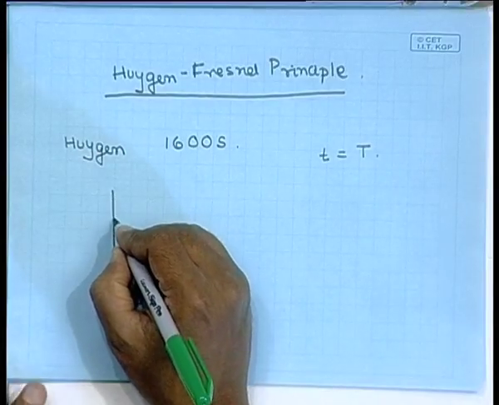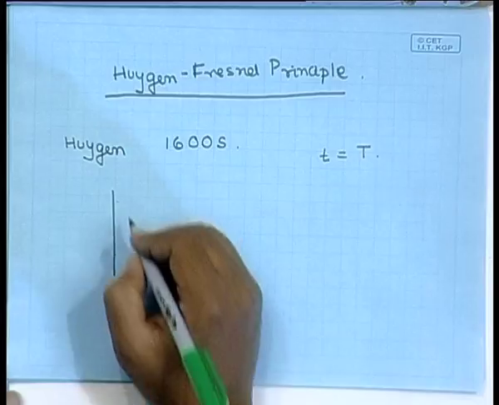And what Huygen proposed is as follows. Huygen proposed that you handle this problem as follows. His principle is as follows: to follow the evolution of this wavefront, consider each point on this wavefront as a source. So, you should consider each point on this wavefront at t equal to 0 as a source.